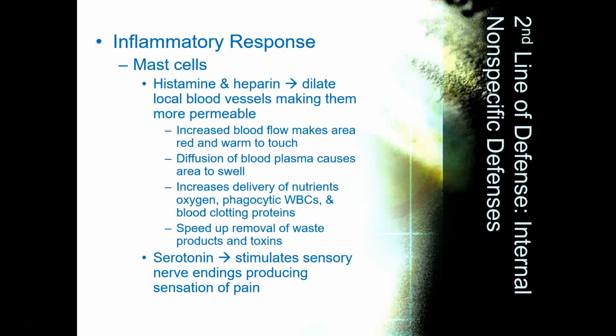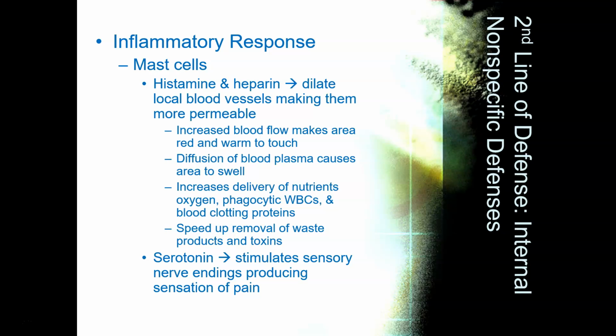And here's why. When those mast cells release things like histamine and heparin, these two compounds cause your blood vessels to dilate, meaning that they get bigger. And as those blood vessels dilate and increase in their diameter, they become more permeable, meaning that things are able to move in and out of them more effectively.